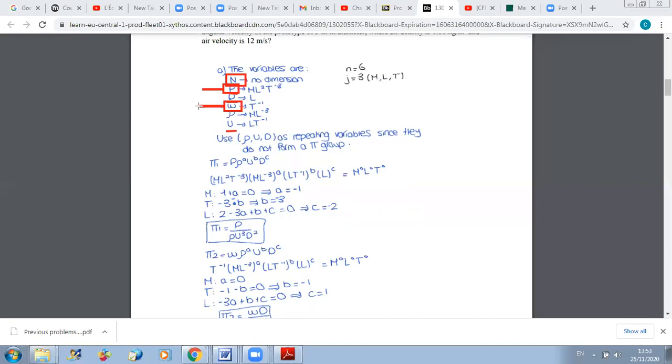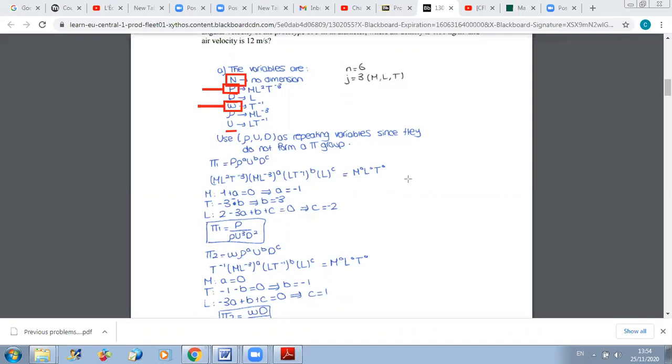So first, to find the group of P, we say that group 2, because we said N is the first group, is P times rho to the power A, U to the power B, and D to the power C. Now, to determine the coefficients A, B, and C, all we have to do is put the unit of P, the unit of rho to the power A times the unit of U to the power B times the unit of D to the power C equal, from the other side, to what?